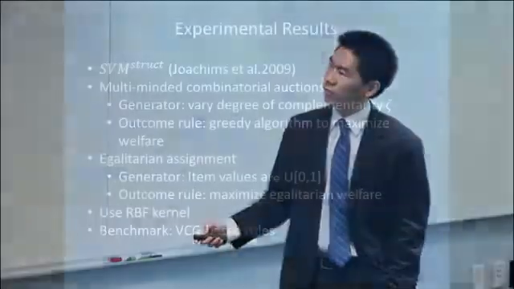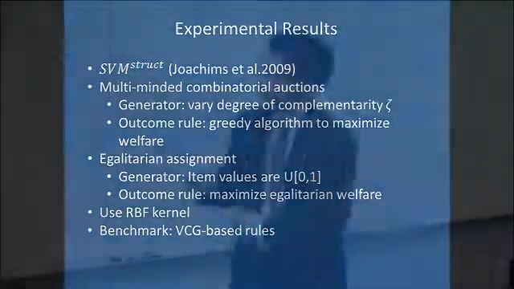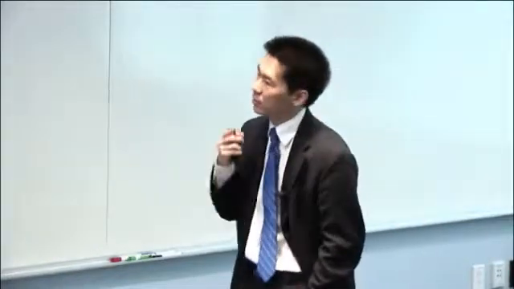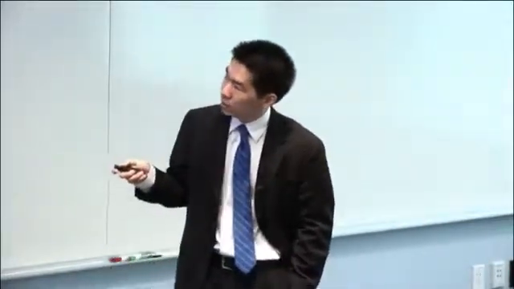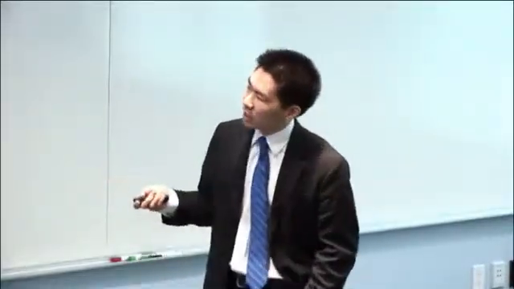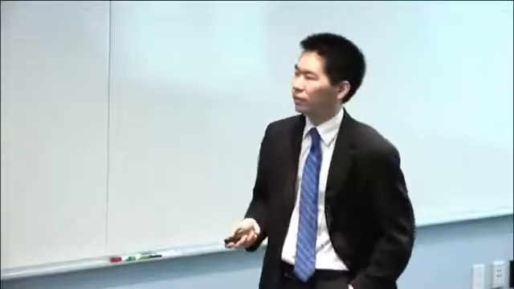Okay, so we have 5 minutes left, so I will quickly go through the experimental results. We implemented this for the two settings that I discussed earlier, the multi-minded combinatorial auction setting and the egalitarian assignment setting. For the combinatorial auction, we use an outcome rule that is a greedy algorithm that tries to maximize welfare, though only approximately. For the egalitarian assignment setting, we maximize the minimum value that any airline receives.